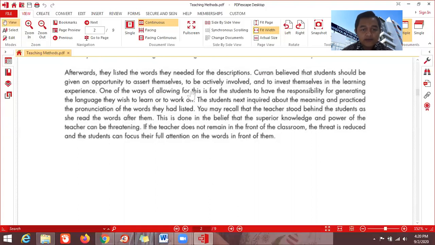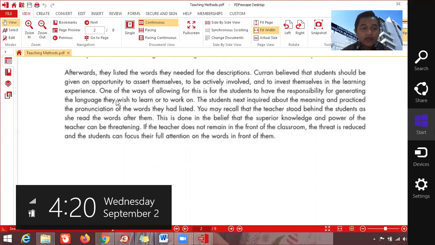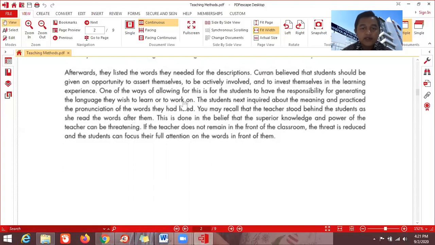One of the ways of allowing for this is for the students to have the responsibility for generating the language they wish to learn or to work on. So here is an important point to underline. The language they wish to learn or to work on, not the language that the teacher said, okay? So the goals of learning are set by the students in this case.